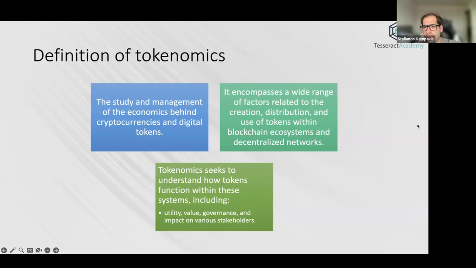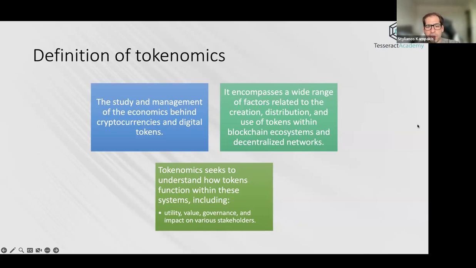And as a discipline, I believe, calling it a discipline maybe is a bit brave because it's so new, but I do wholeheartedly believe that it is a separate discipline. It has started to resemble a discipline very much so. It encompasses a wide range of factors related to the creation, distribution, and use of tokens within blockchain ecosystems and decentralized networks.